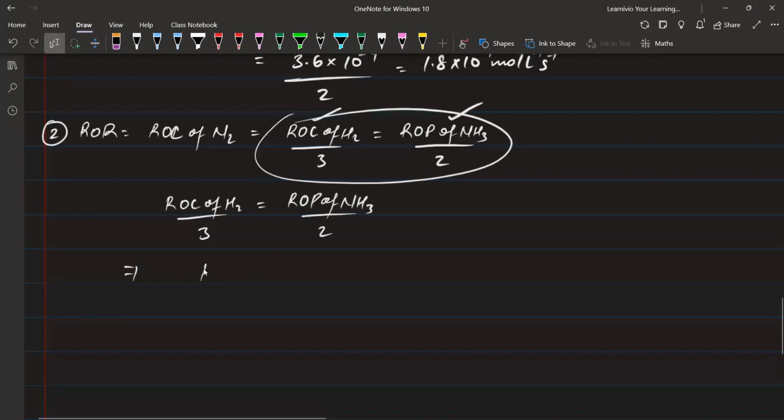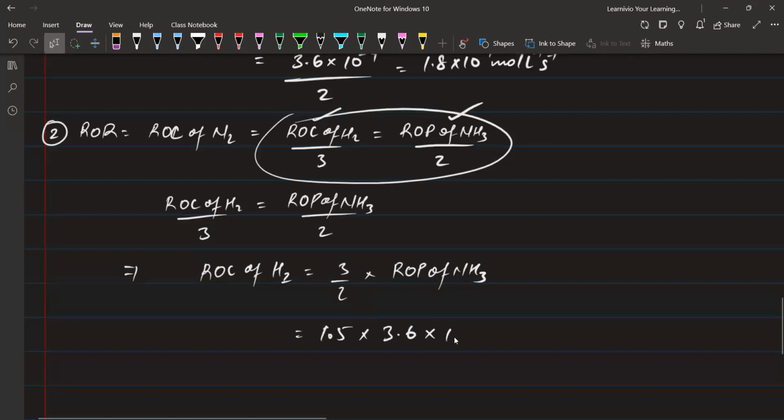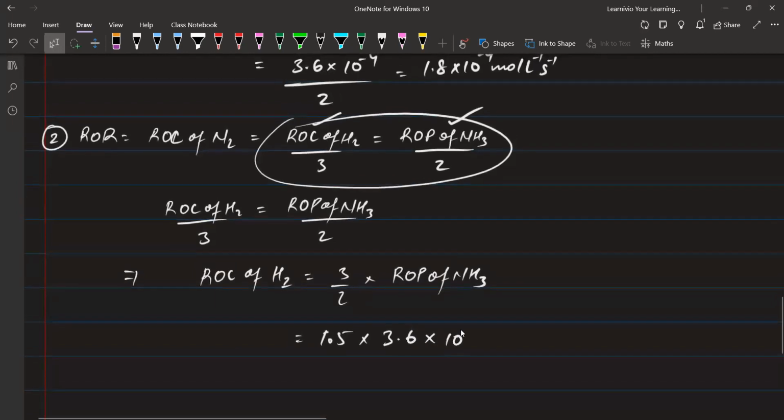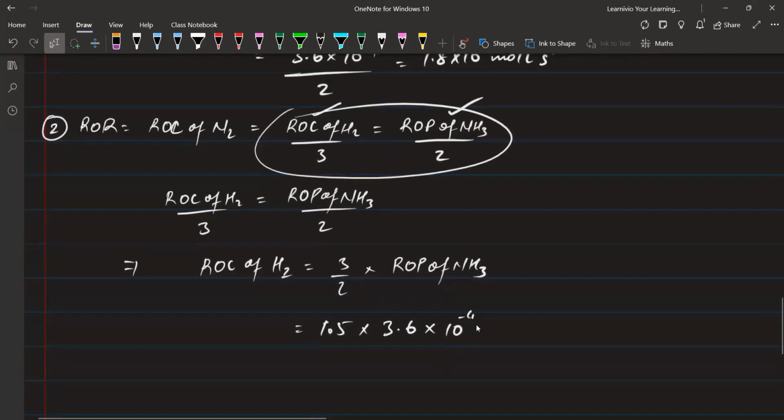So ROC of H2 will be equal to 3 by 2 into ROP of ammonia, which is 1.5 into 3.6 into 10 to the power minus 4 moles per liter per second.